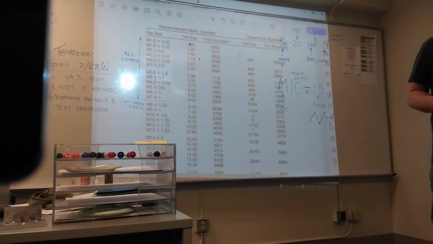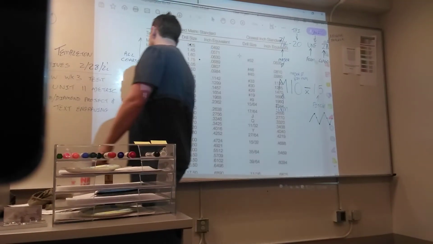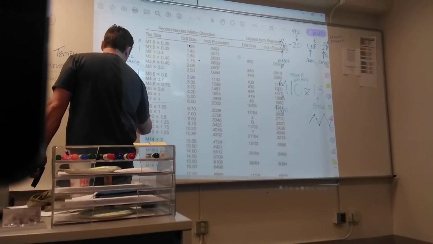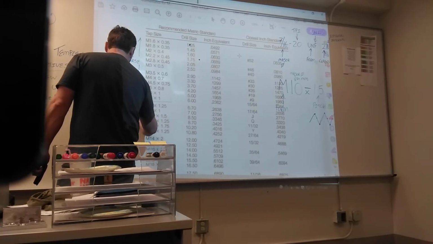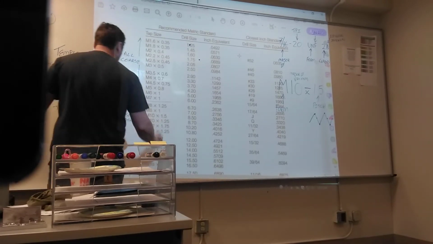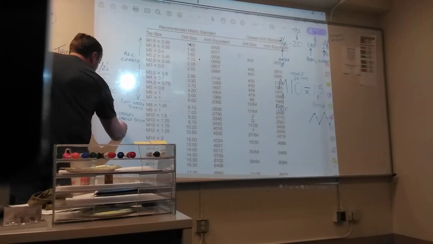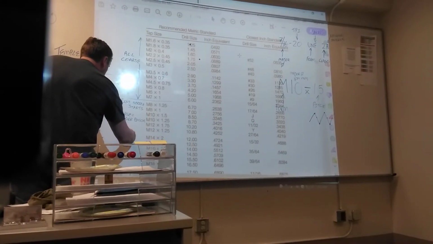So how do you tell the difference between them? Coarse is always the larger number. Fine is always the smaller number.